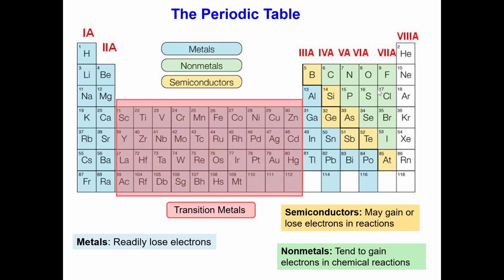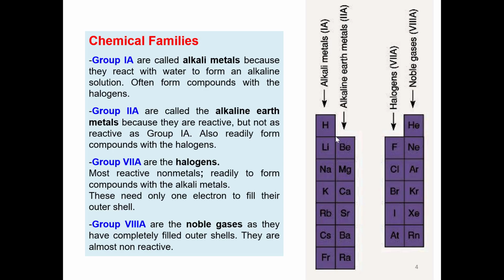And non-metals usually gain electrons in order to have the electron configuration of the noble gases. And let's move here. Again, we will focus on these four groups for now. Group 1A is the alkali metals.